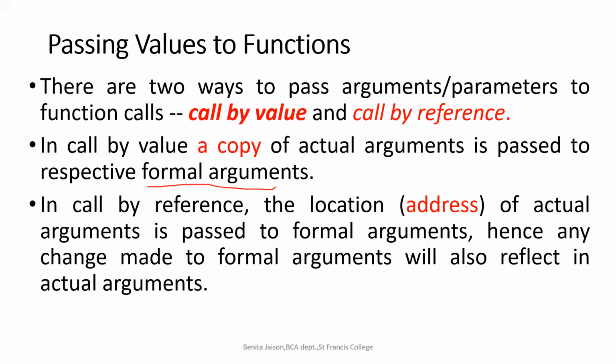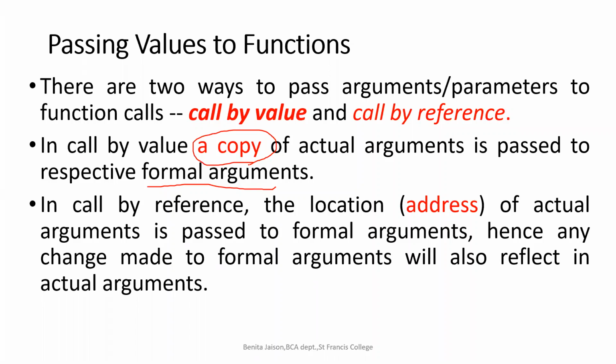So we are making a duplicate copy, and this copy is allocated a different address location. I'll show you with the animation. If a board was there, we could easily show, but I have tried in PPT now. So when we are using call by value, one duplicate copy is created and a different address location is allocated for the formal arguments.